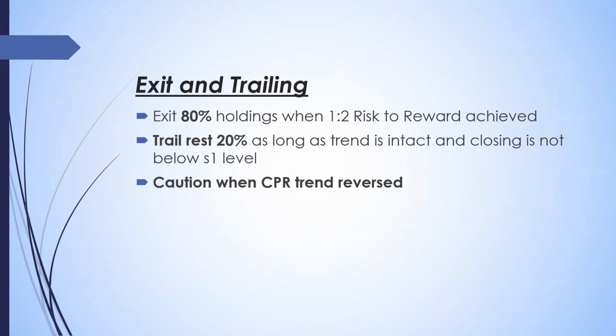If the closing is not going below the S1 level, then we will not exit. So we will ride the trend as long as it is continuing. And one thing to remember is whenever the CPR trend reverses, we should be cautious in that stock, because it might hit our stop loss, so we have to take that into consideration.